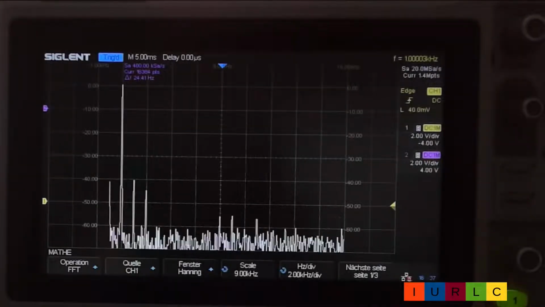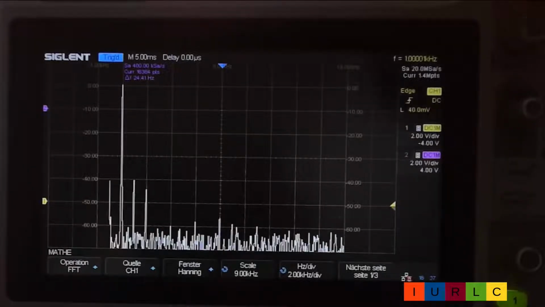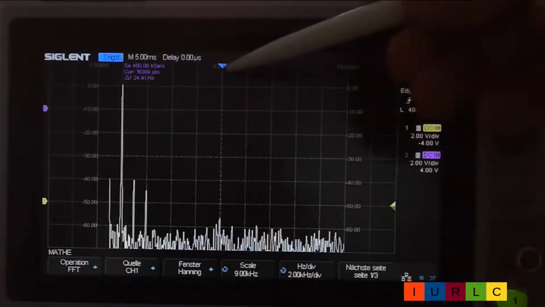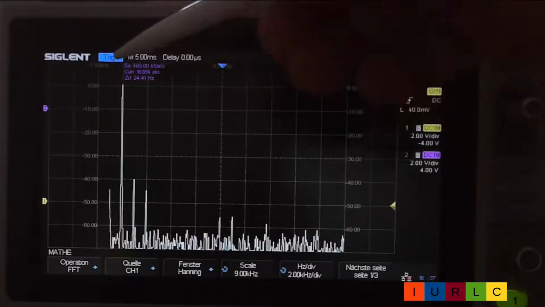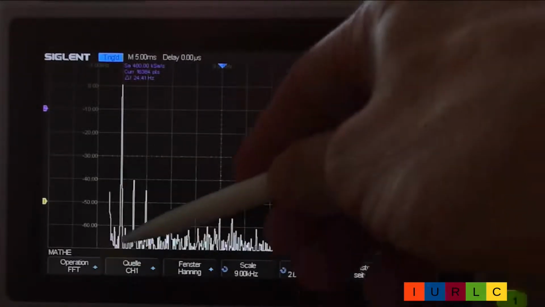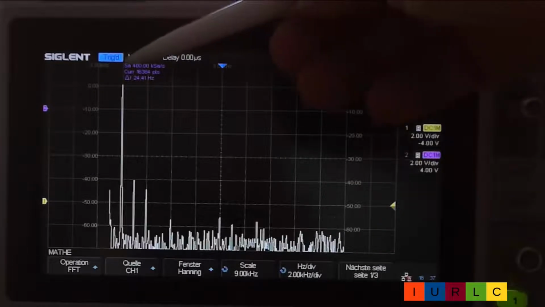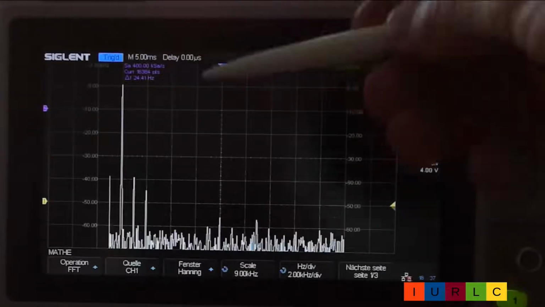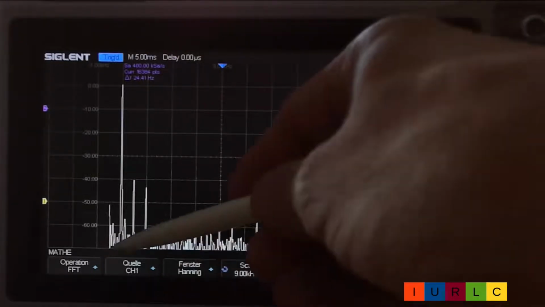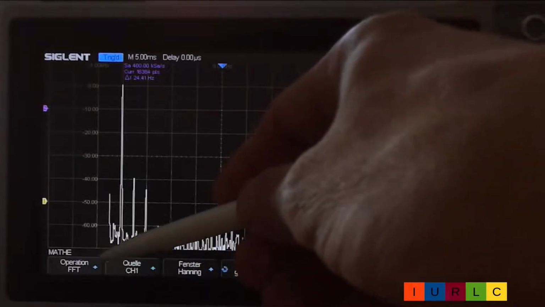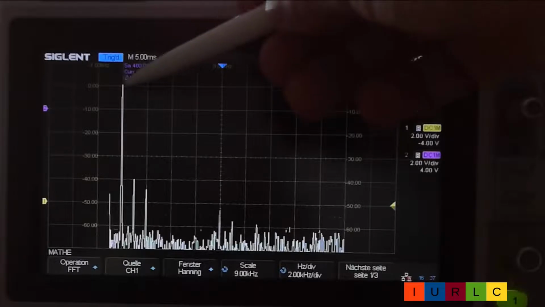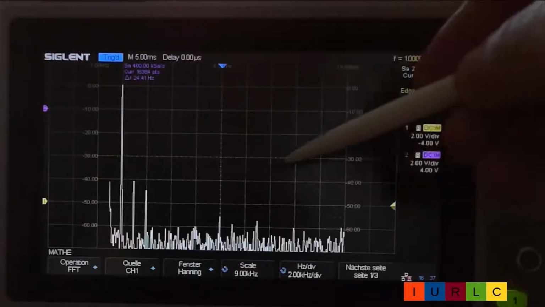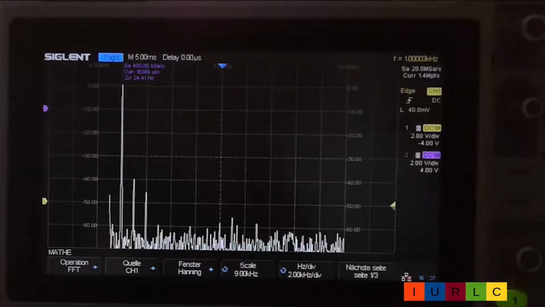Now a closer look at the spectrum. Here we have 9 kilohertz, and for each division we have 2 kilohertz. So here we have the 1 kilohertz, which is our input signal from the signal generator. Channel 1 is the input signal, and we see that we have a strong signal at 1 kilohertz, and the harmonics are below minus 40 dB.